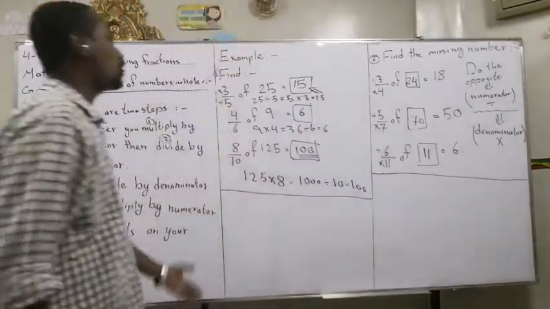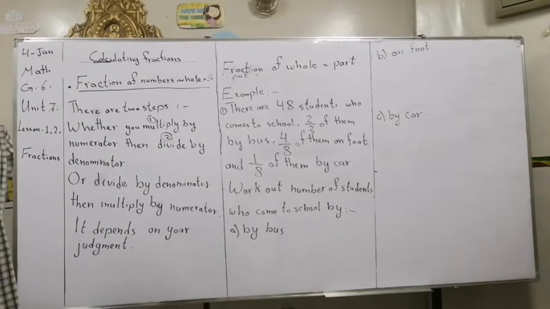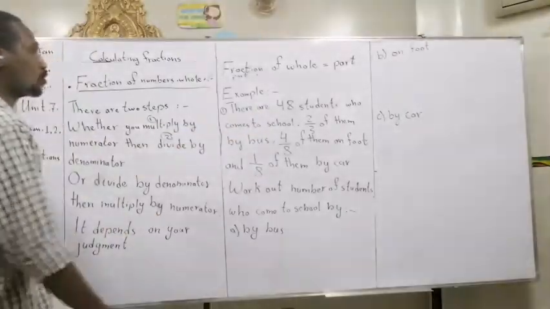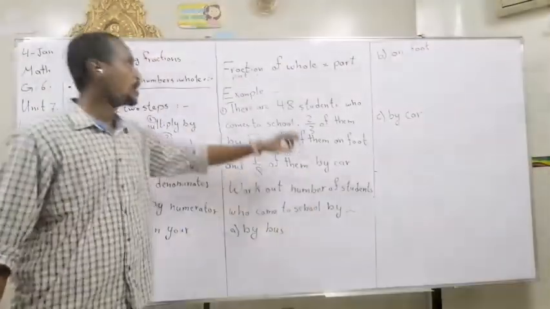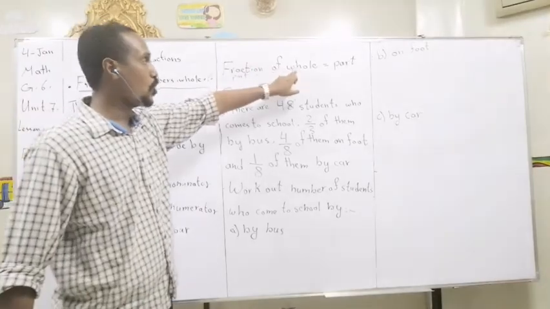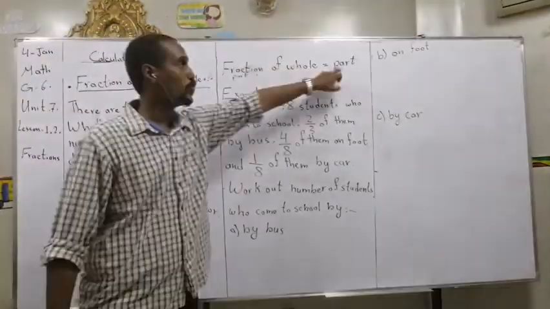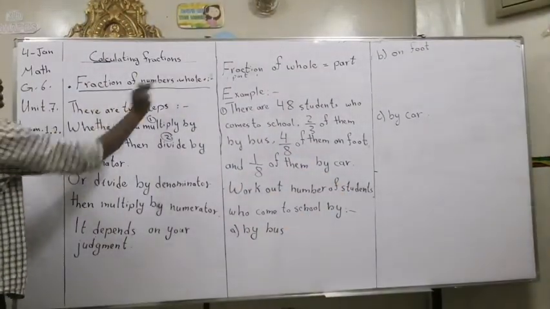Now let's have an example, the word problem. This is the third type of our examples, the word problem. Before we start the word problem, we should know this formula. Fraction of whole equals what? Part. This is it. We always use this formula to solve the word problems of fraction of numbers.